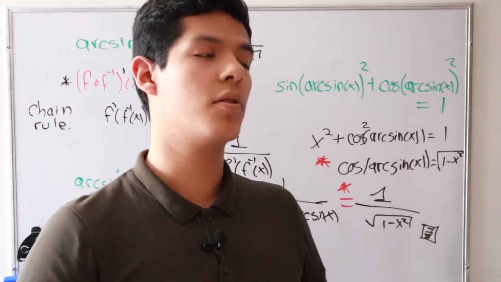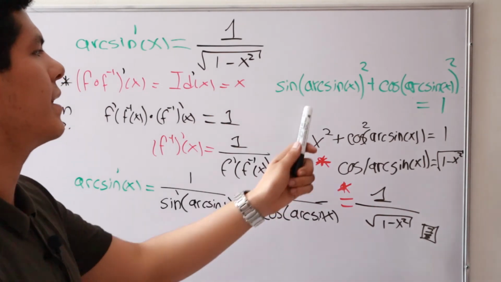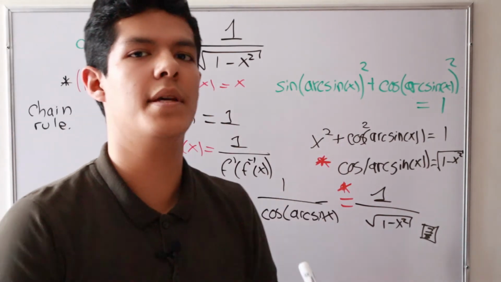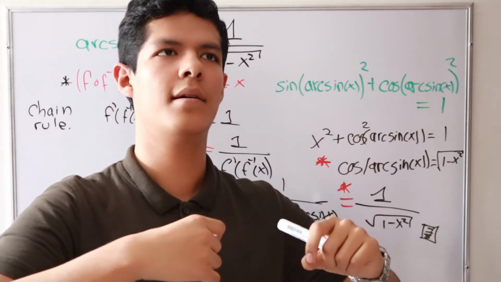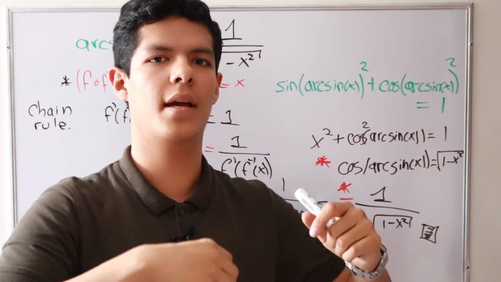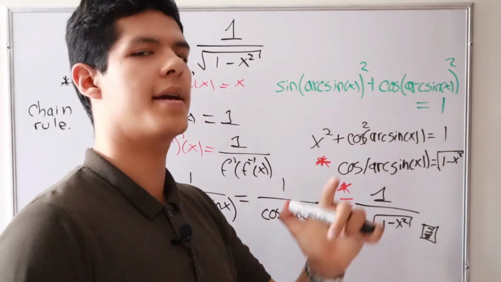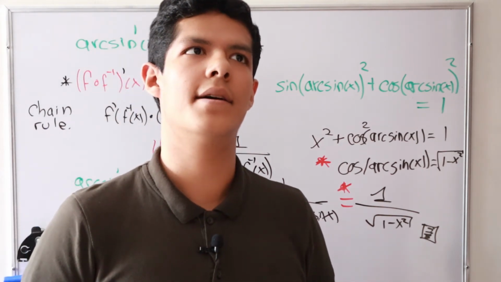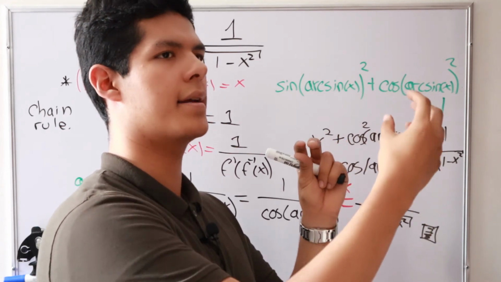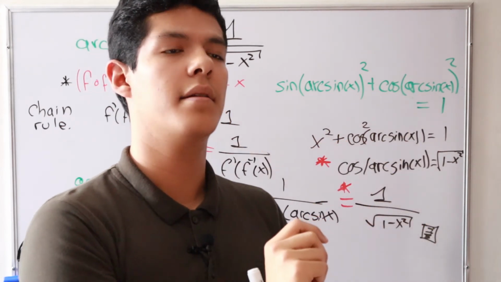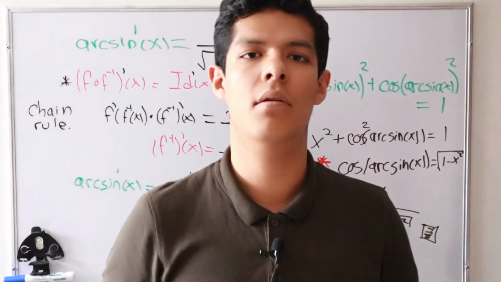But we need to take the positive one because for arcsine of x, with x between minus 1 and 1, the values are between pi divided by 2 and minus pi divided by 2, and all of them evaluated on cosine are positive.